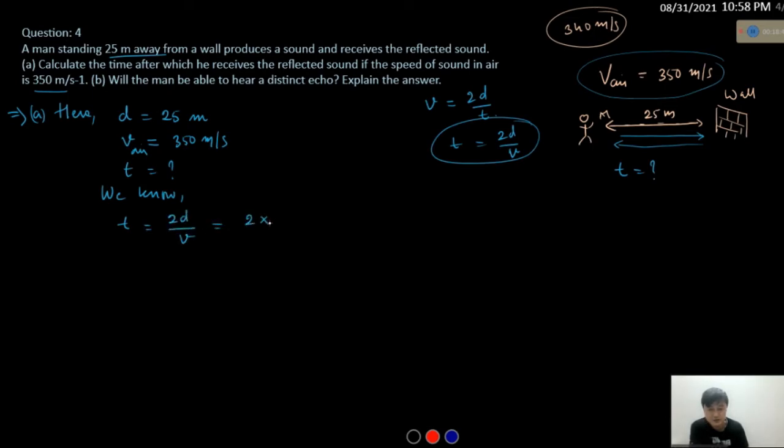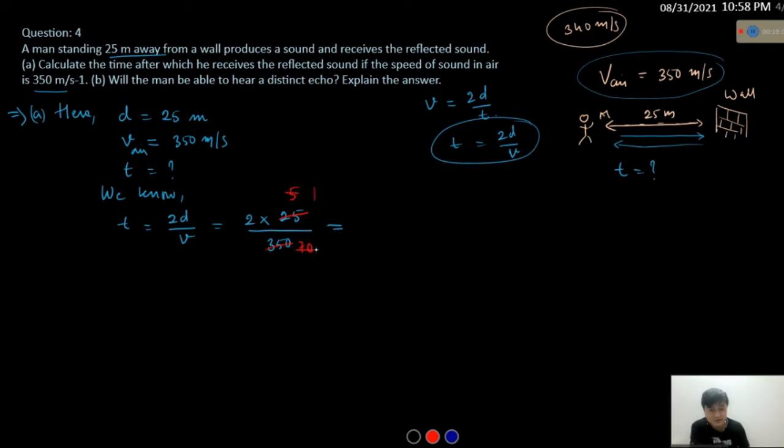Here, 2 into distance, which is 25 meter. Both the units are the same. Then the velocity of the sound is 350. Now this is equal to, we'll cancel first. 5 are 25, 7 are 35, 0.